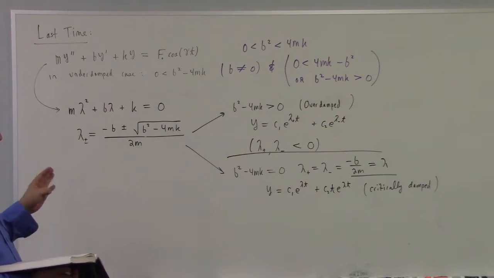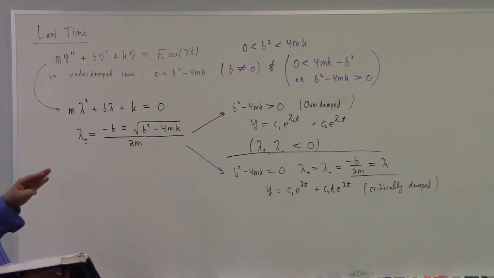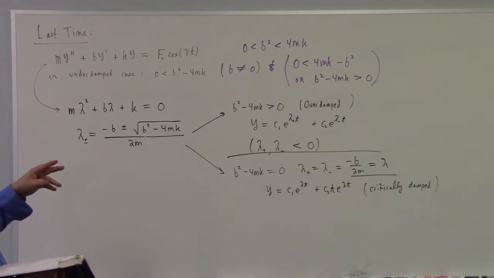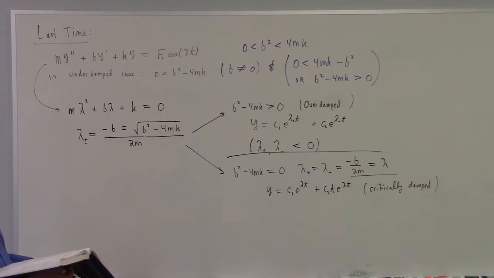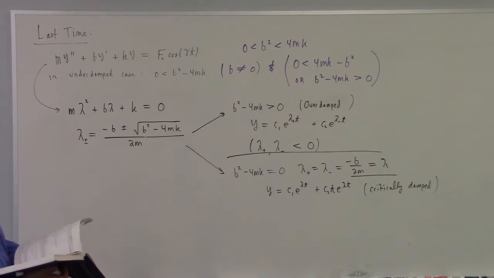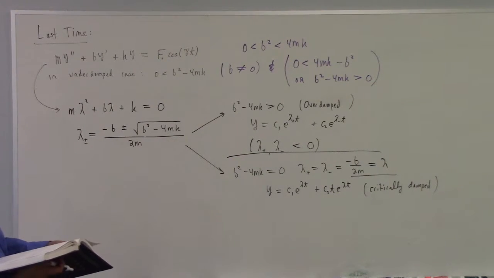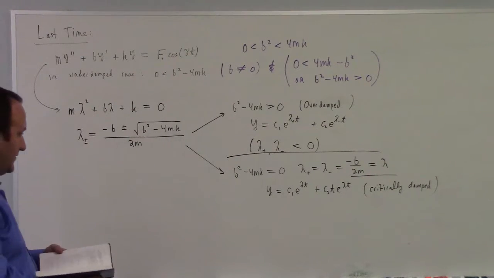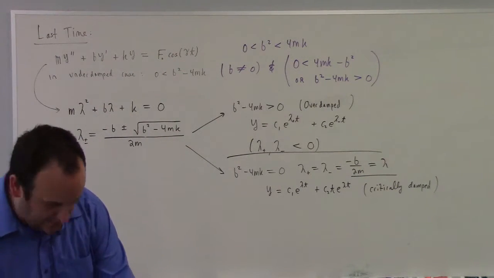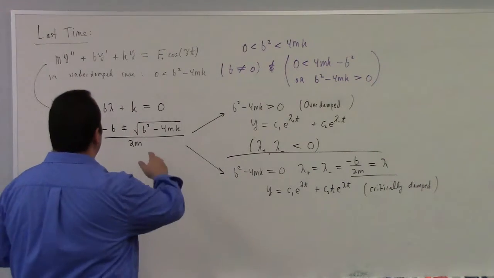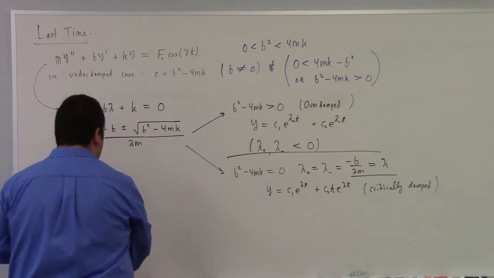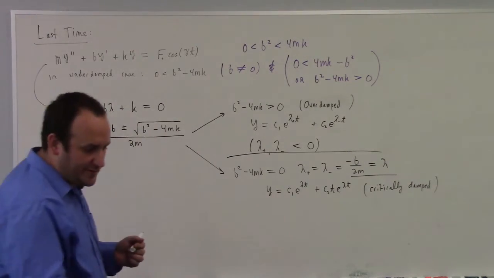So the simple harmonic is a special case of weakly damped or underdamped. Some people call it weakly damped or underdamped. Underdamped is the third case. You see, it doesn't change anything. That's why you didn't notice it. But let me just erase that before it does any more harm to us.